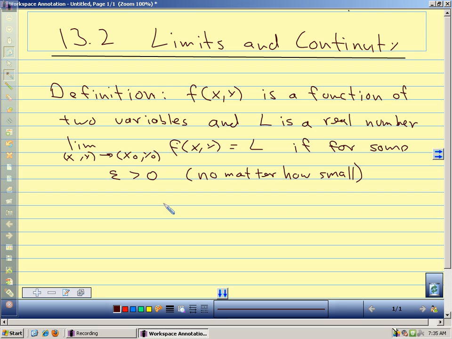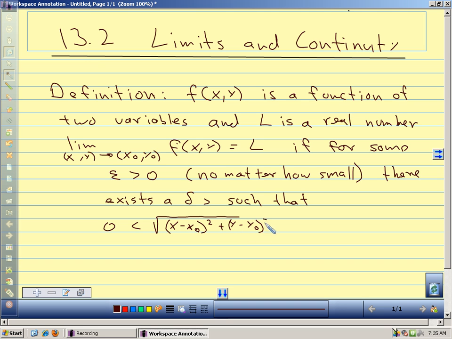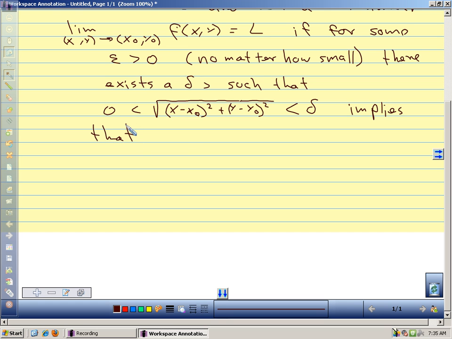So for some epsilon greater than 0, no matter how small, there exists a delta greater than 0 such that if 0 is less than the square root of (x minus x0) squared plus (y minus y0) squared, which is less than delta, implies that the absolute value of f(x,y) minus L is less than epsilon.